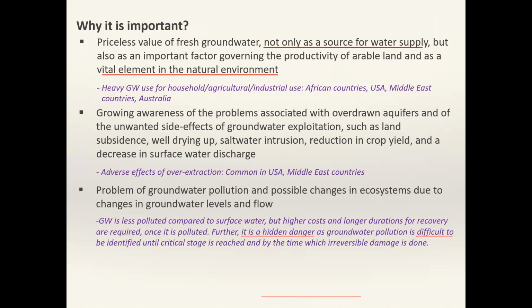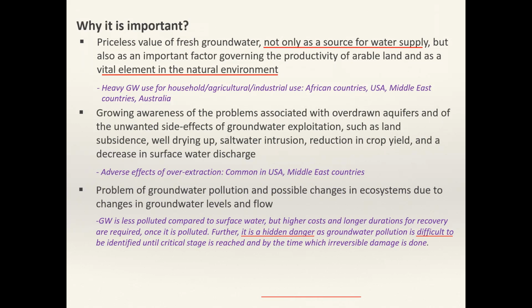Now, problem of groundwater pollution and possible changes in ecosystems due to changes in groundwater level and flow. Groundwater is less polluted compared to the surface water. That is why if you go to the rural areas, right, even in urban areas like the Kelani River Basin, for example, still we depend on the groundwater wells, right?